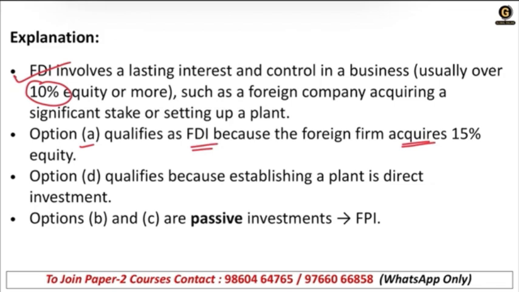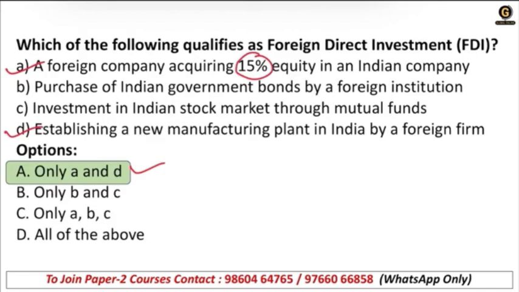Option D qualifies because establishing a plant is direct investment. B and C are passive investments. These are not FDI, but are called FPI. The question was asking for the options qualifying as FDI, so only A and D qualify, because one has 15% investment and the second is establishing a manufacturing plant.